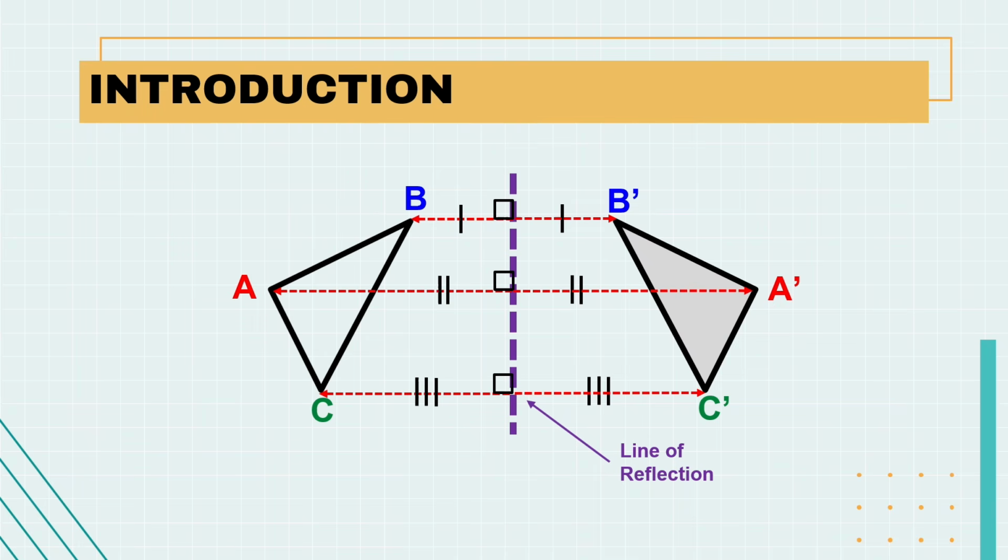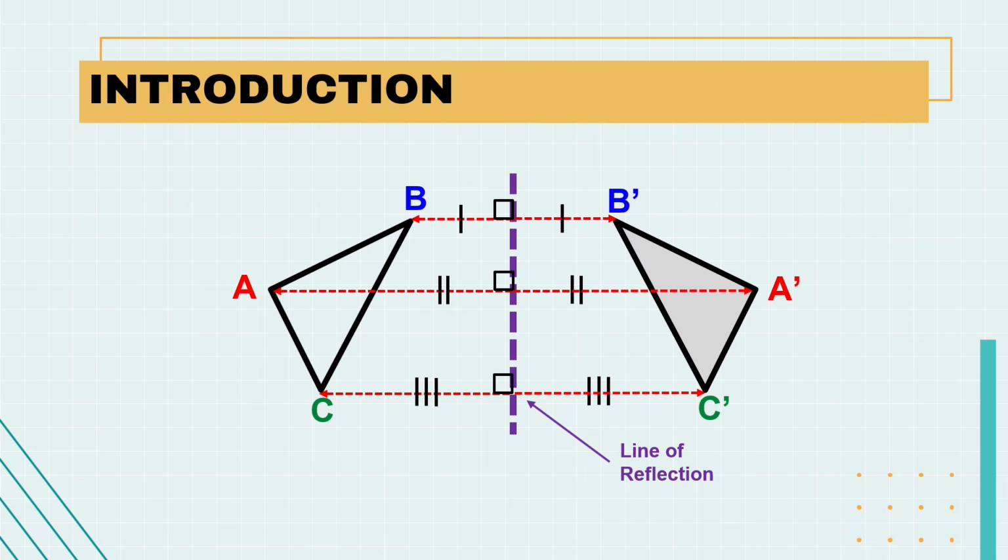Same size pa rin siya, same shape pa rin siya. The only thing that changed is its position and orientation. It was flipped over the line of reflection. This is why reflection is considered a rigid transformation because the figure keeps its size and shape.